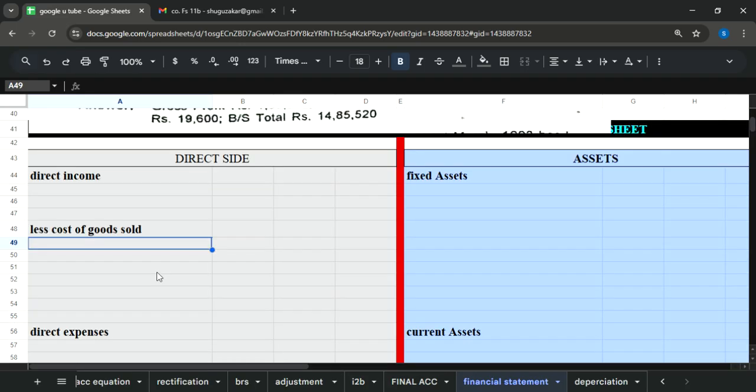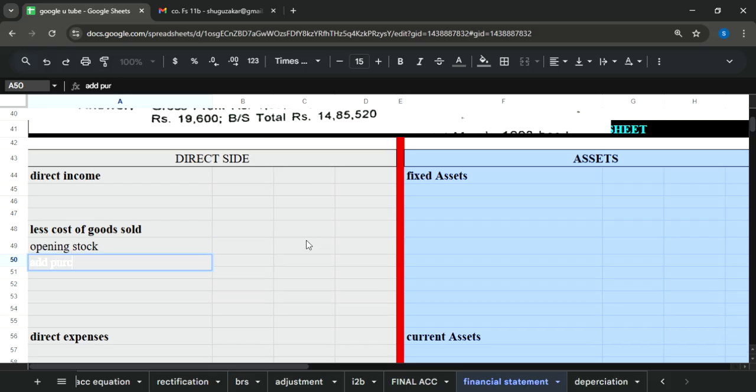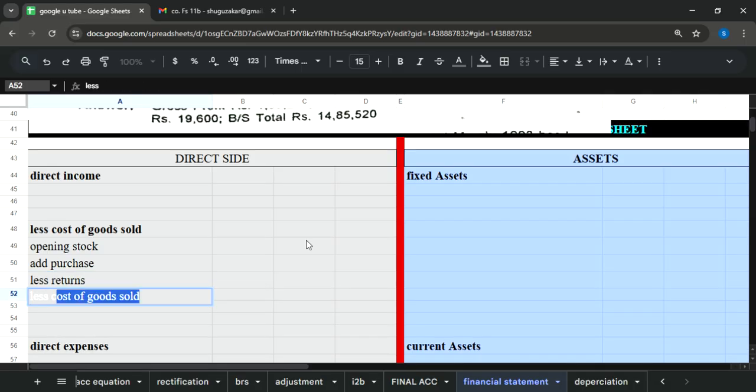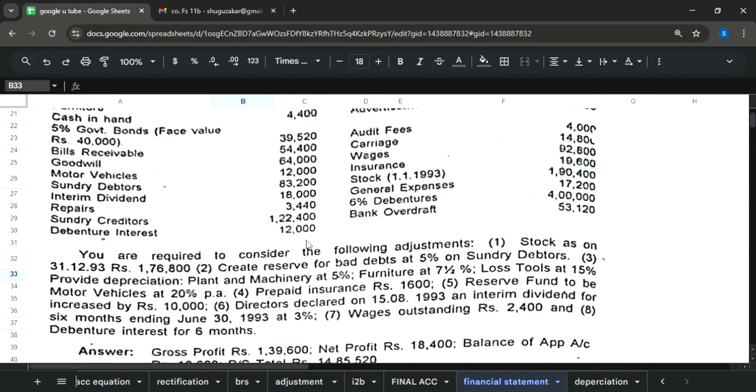For closing stock, we will go to cost of goods sold statement, and there we will be writing opening stock. Then we will add purchase. After that, we will subtract returns. Then we will subtract closing stock, and we are talking about this closing stock. Amount of closing stock is 176,800.